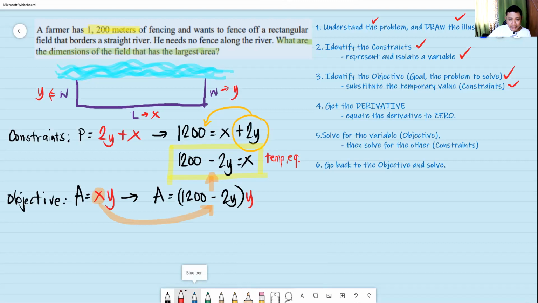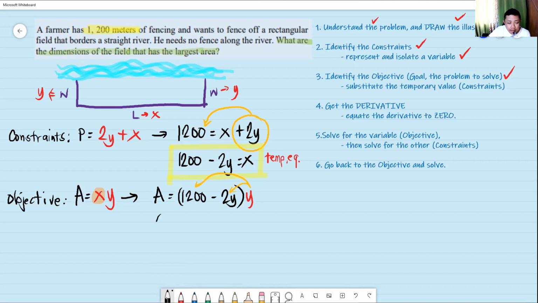Good. Next step is to get the derivative. But before we get the derivative, of course, we have to simplify this first. Or else you will need the product rule, which will make the problem longer. So better yet, let's distribute y to all the terms inside the parentheses.